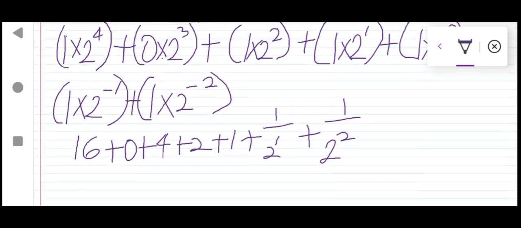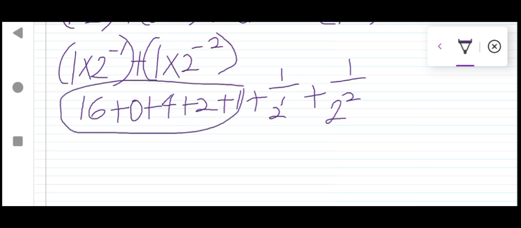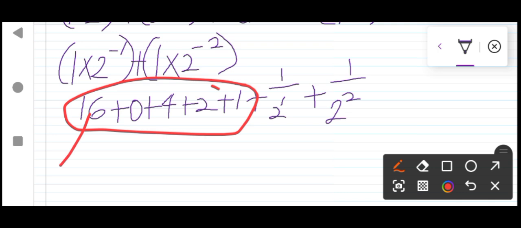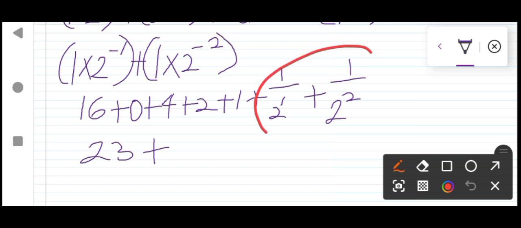So now let's see the sum of these whole numbers right here. So we have 16 plus 0, that's 16, plus 4, that's 20, plus 2, that's 22, plus 1, that's 23. So we have 23 plus, let's go for these fractional values.